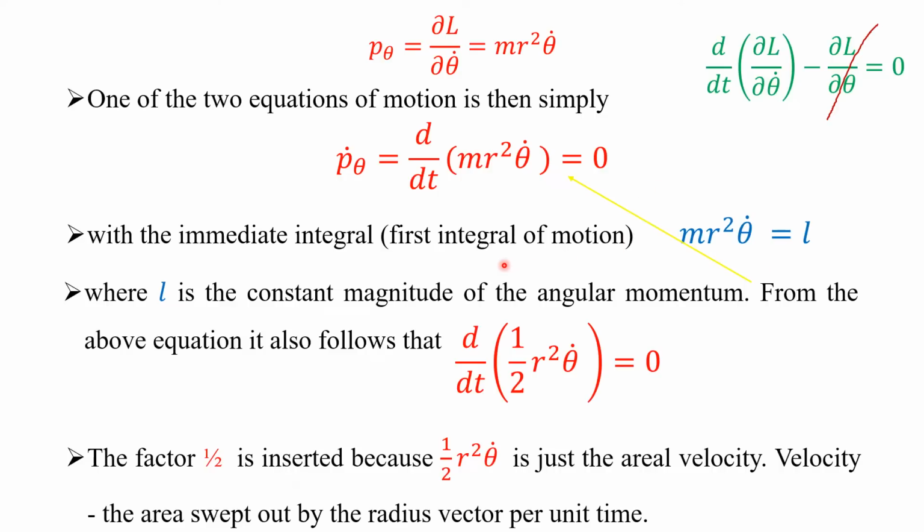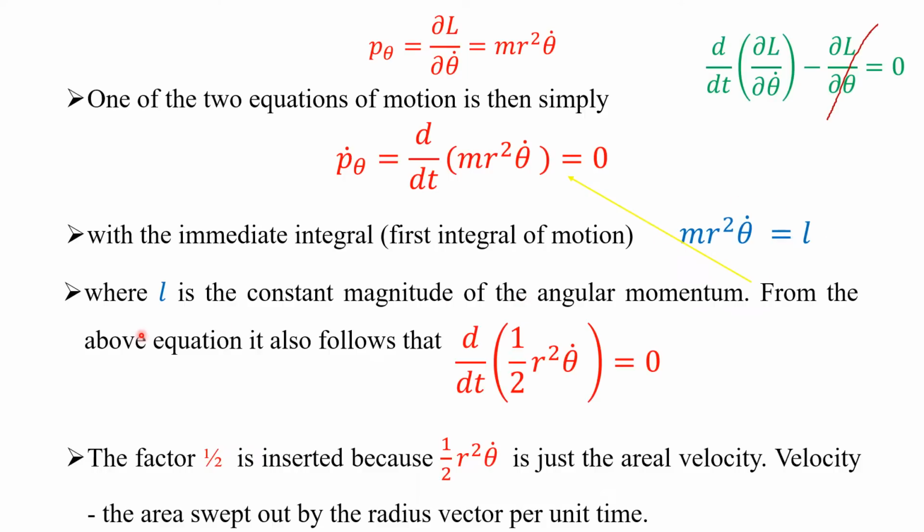We will also see the second integral of motion using the r coordinate. Before that, we will find something interesting about the proof of Kepler's law using this equation, that is, the equation of motion, the first integral of motion.